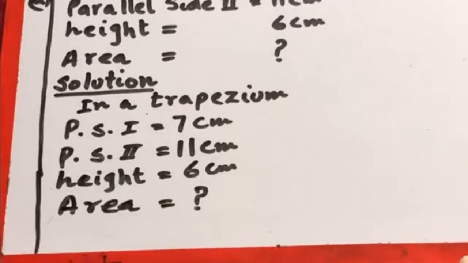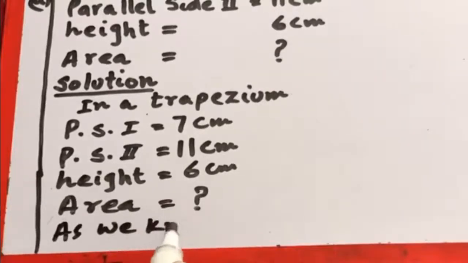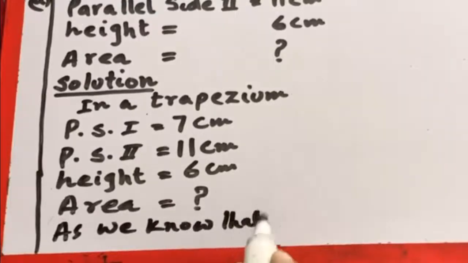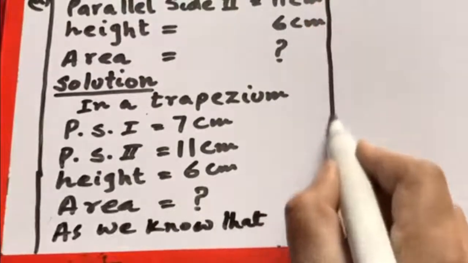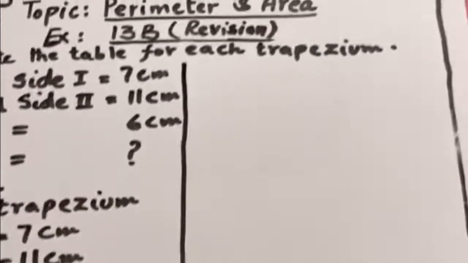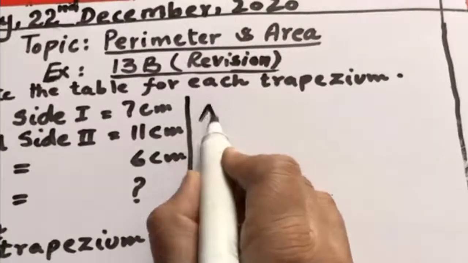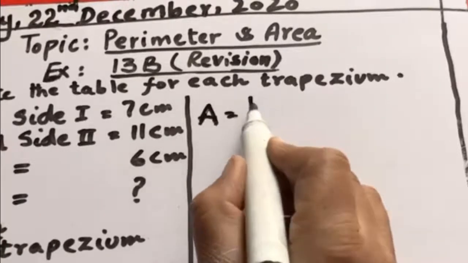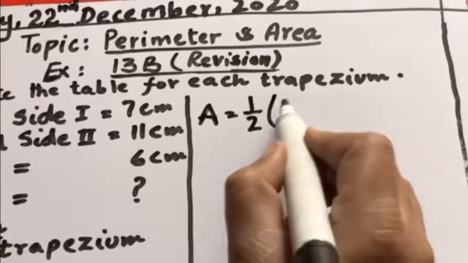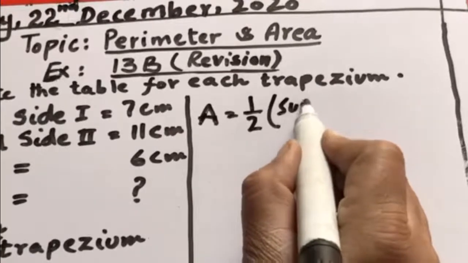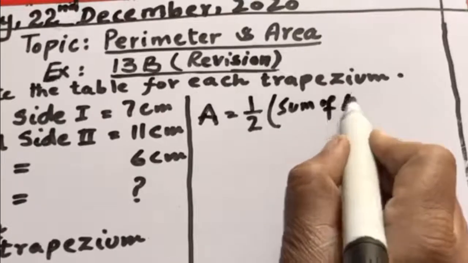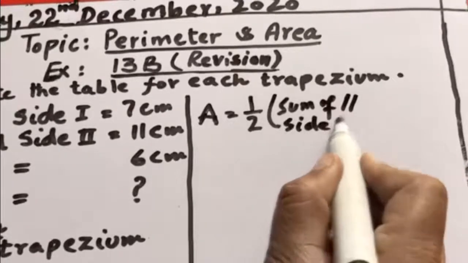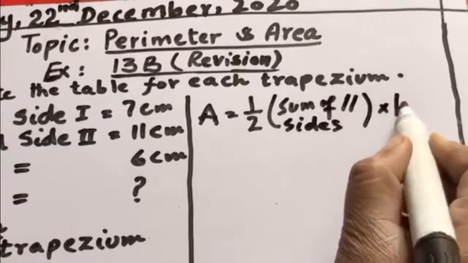As we have learnt in the previous lecture, the area of a trapezium is equal to, we have represented area by A, the formula is 1/2 into sum of parallel sides multiplied by height.